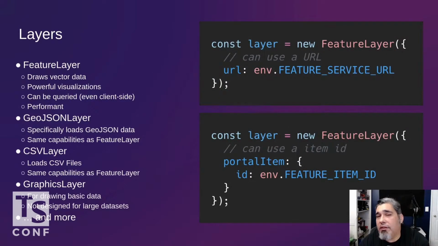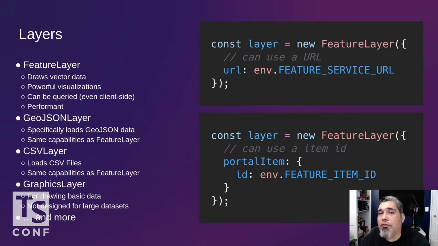Now, layers are where things get a lot of fun, right? So we have a feature layer, and feature layers are next to tile layers, which are for base maps. Feature layer is probably the second most popular type of layer that our developers are using in their applications.